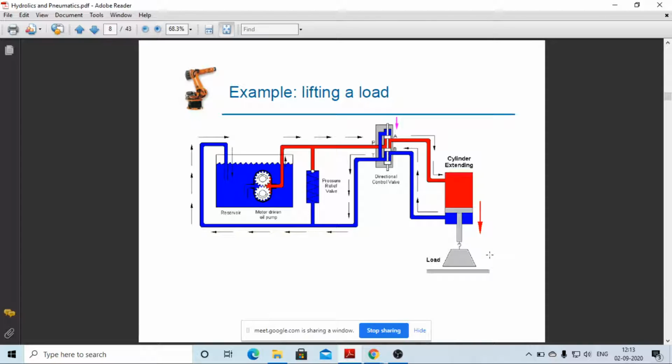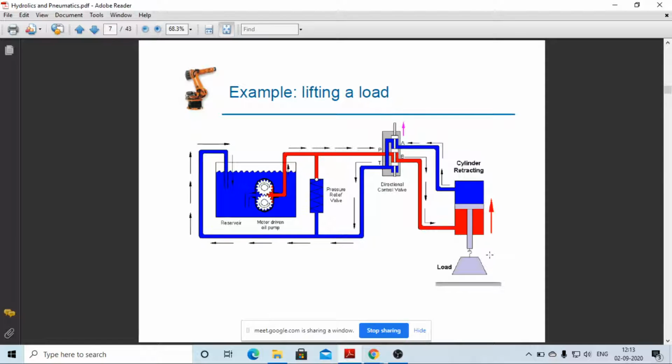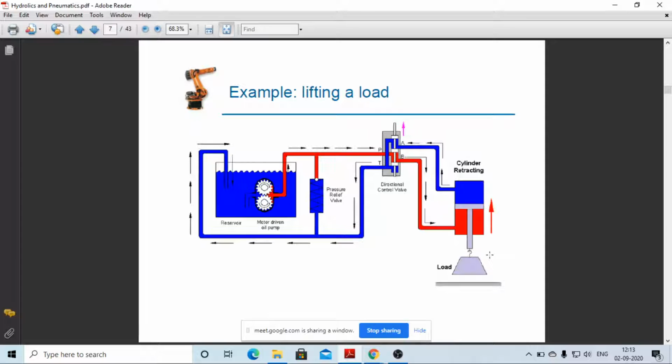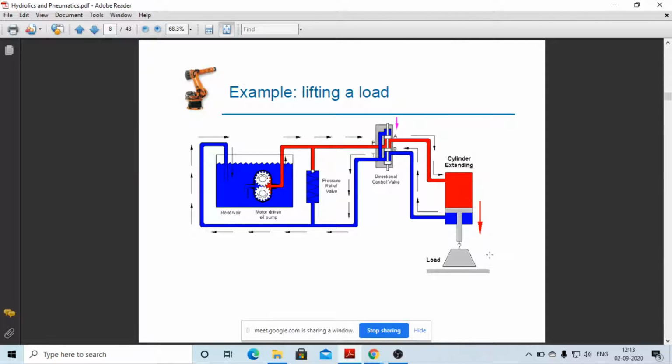So in the examination you need to draw these two diagrams to help your examiner understand the two different cases of the hydraulic system.